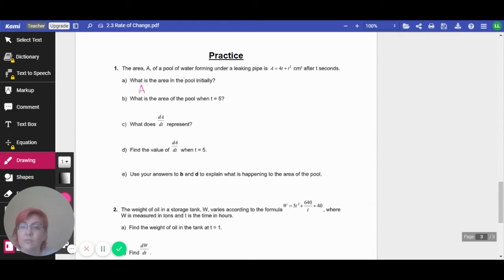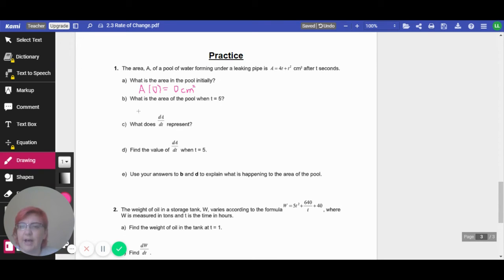So at 0, well, let's see. 4 times 0 is 0. 0 squared is 0. So initially, at 0 centimeters squared, we didn't have a pool of water. So this might be when the pipe started leaking.